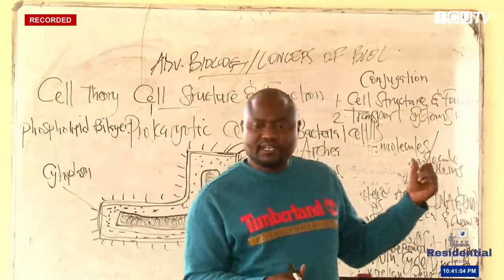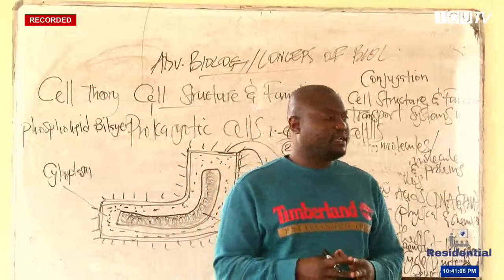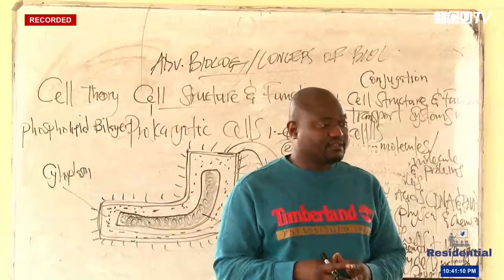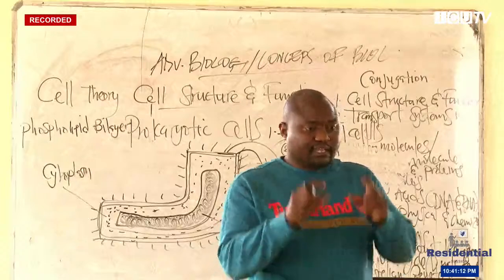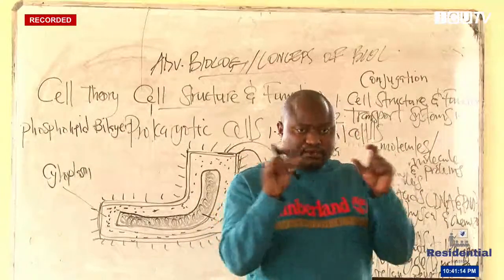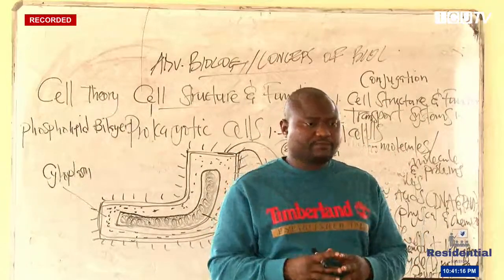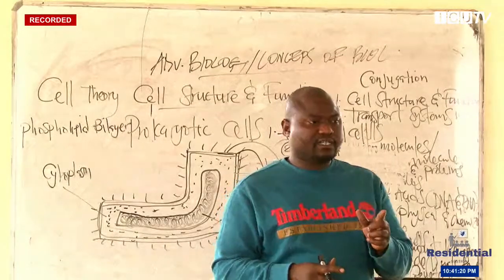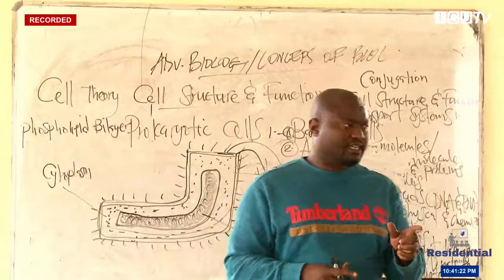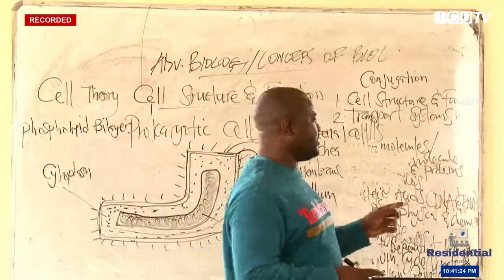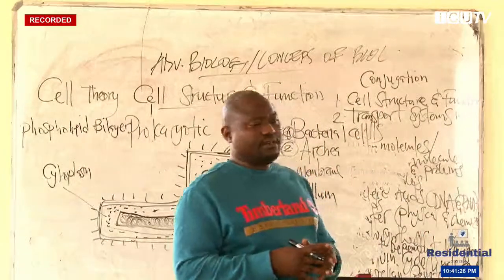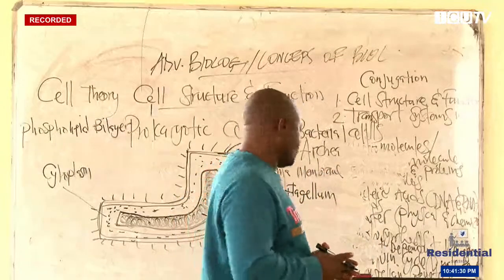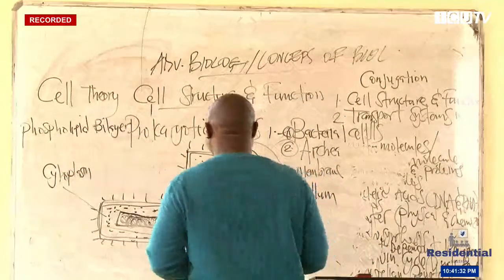From the definition here, we have mentioned that the prokaryotic cell does not have a nucleus. It lacks a nucleus. That is the key concept, and that is the reason the DNA is housed in the nucleoid region. I hope we are following.